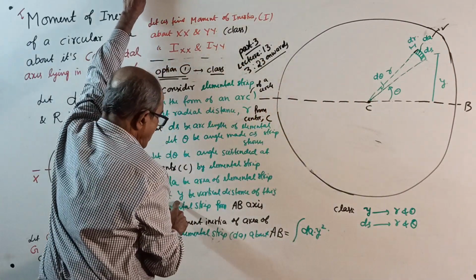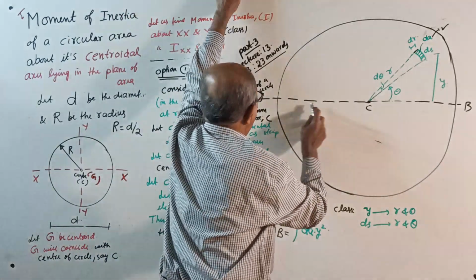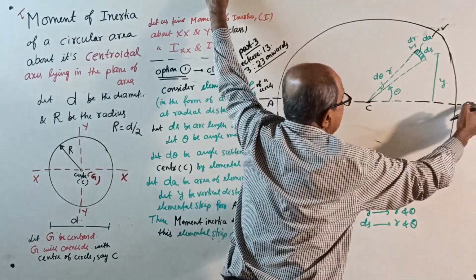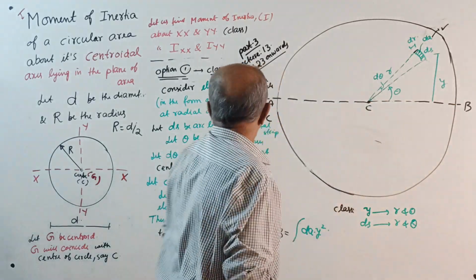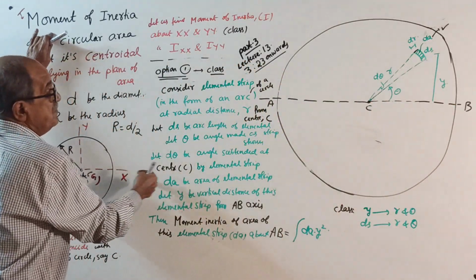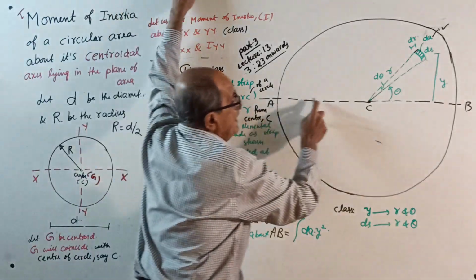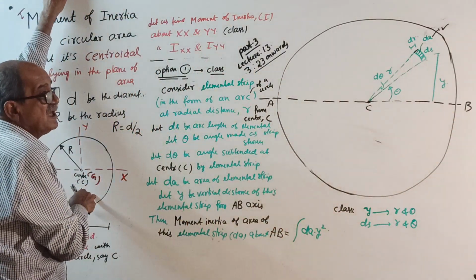Then let y be the vertical distance of this elemental strip from the AB axis. See, you consider an axis AB here. AB is the diameter. Remember, later this AB itself is your XX. Be careful, I won't tell once again. Later, whatever AB you called here, that itself is XX for the circle.